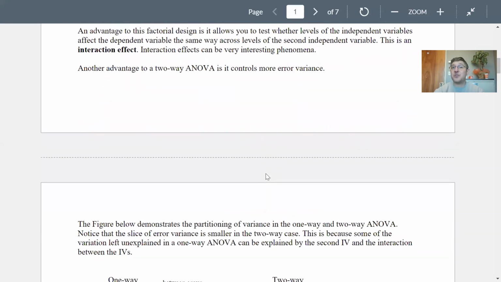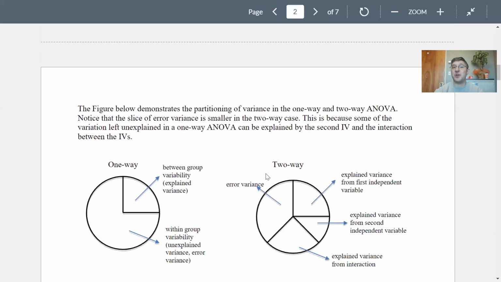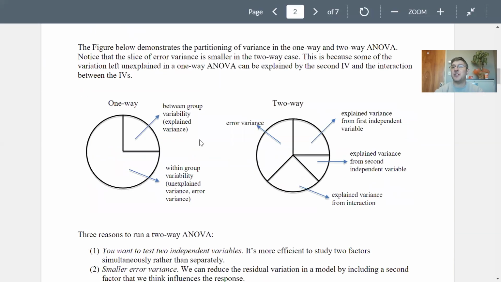Another advantage of a factorial ANOVA is that it controls more error variance. That's what we're trying to show here. Like in a one-way ANOVA, we have the explained variance, or the variance between groups, and then we have the error variance, which is unexplained, or the within group variability. With a two-way ANOVA, we can eat up more of that error variance, in a sense.